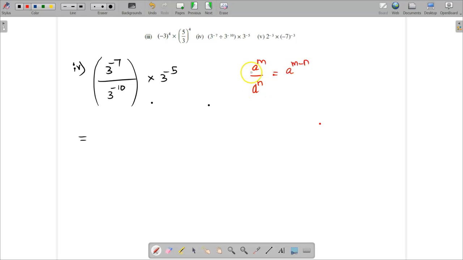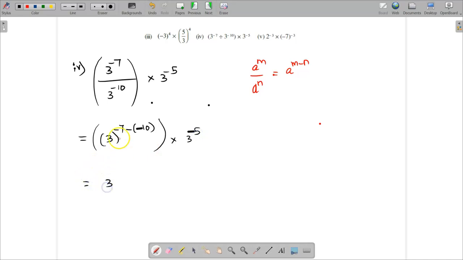We have the same base but different power. So how can we simplify the first term? It is 3 power, what is the numerator power? Minus 7, and we introduce one minus, then the denominator power, minus 10, and then this overall term is multiplied by 3 power minus 5.